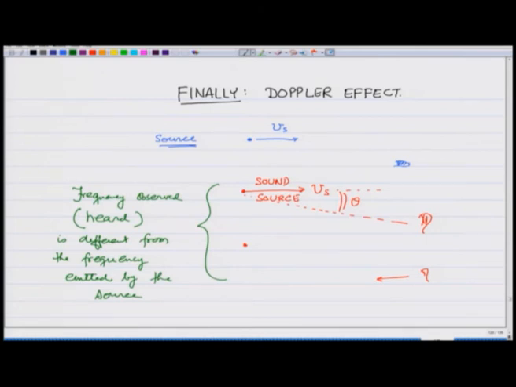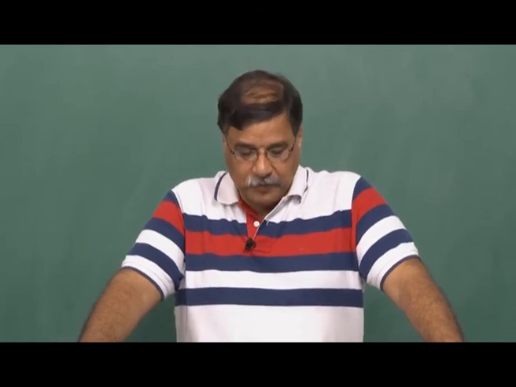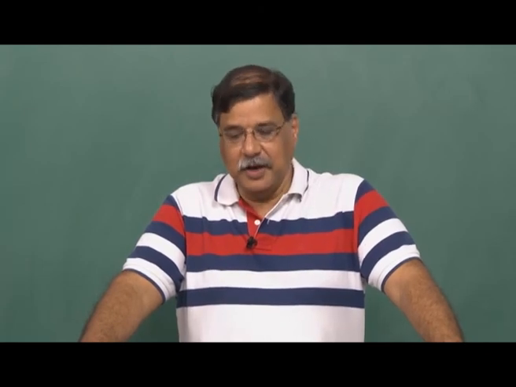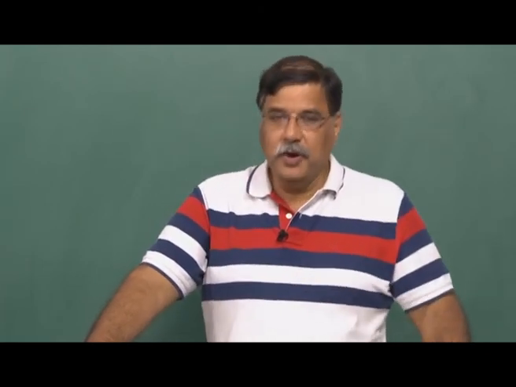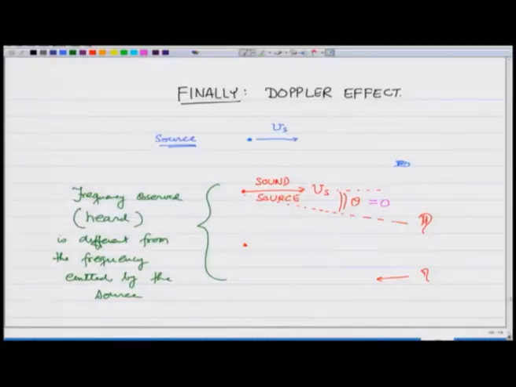What we are going to study now is how the observed frequency, or the frequency that we hear, differs from the frequency that is being emitted by the source. We are going to confine ourselves to the cases where theta is 0. That means that the source and observer are right along the line of movement of the source or the observer. They are not at an angle from it. So, let us consider these cases one by one.